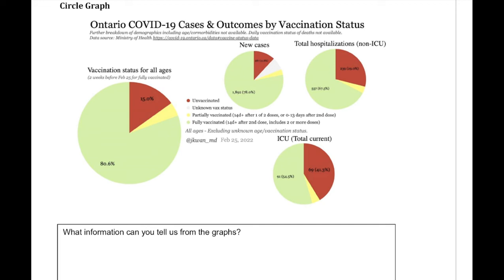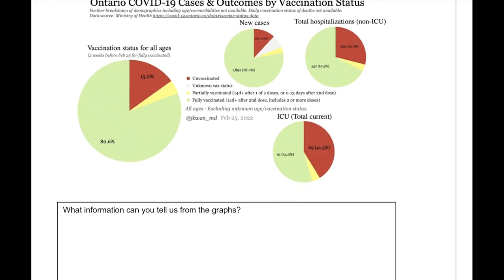So again, what information can this graph tell us? Answers may vary, but generally speaking, it's showing us the percentage of each group and their vaccination status in the different settings.